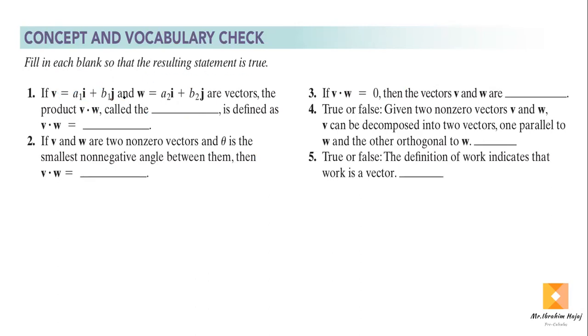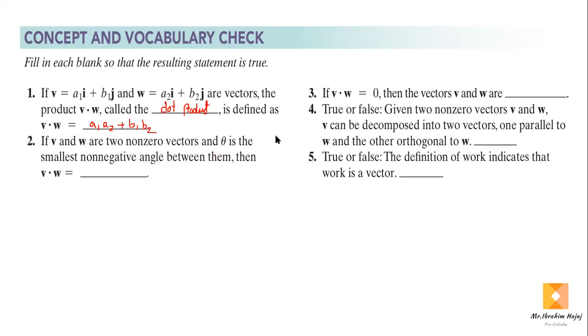If V equals A1 i plus B1 j and W equals A2 i plus B2 j are vectors, the dot product V dot W is called the dot product, defined as V dot W equals A1 multiplied by A2 plus B1 multiplied by B2.